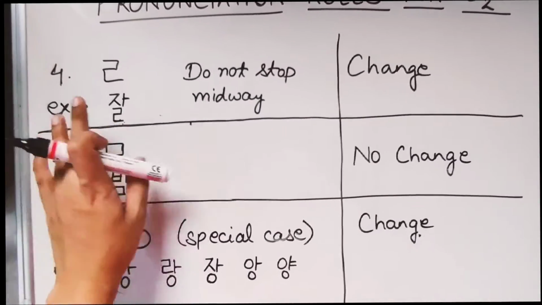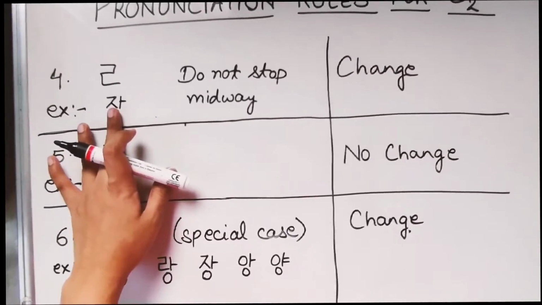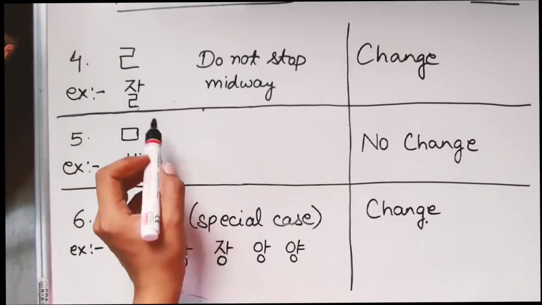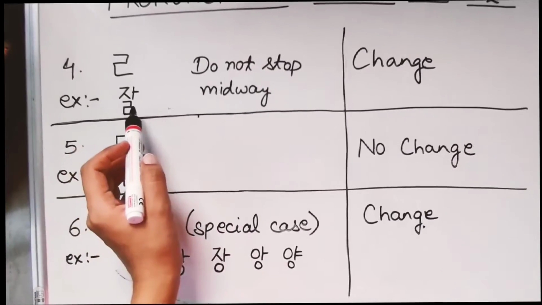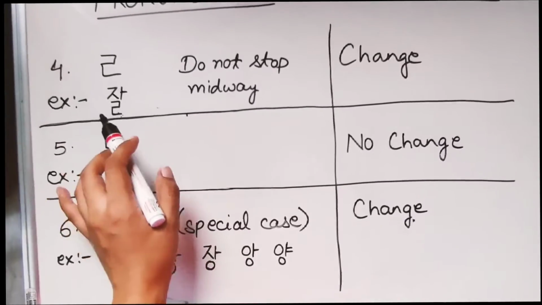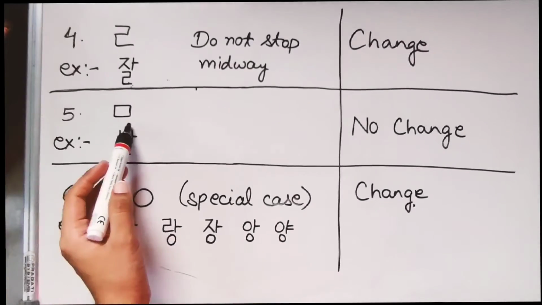You can properly pronounce it as l. In this example, this syllable without r consonant at the bottom is jha. But when I add the r consonant at C2 position, it becomes jhal. I hope you got that.